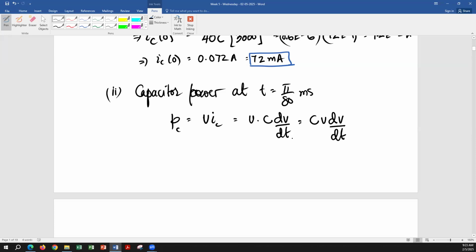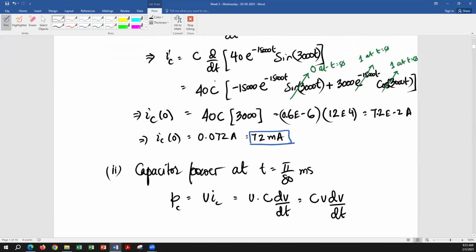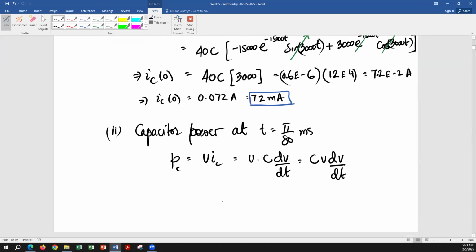Now, the current expression we just did is right over here. This is our current expression, IC. And V, we already know what V is. So we can calculate the capacitor power, or we can first write down the capacitor equation.